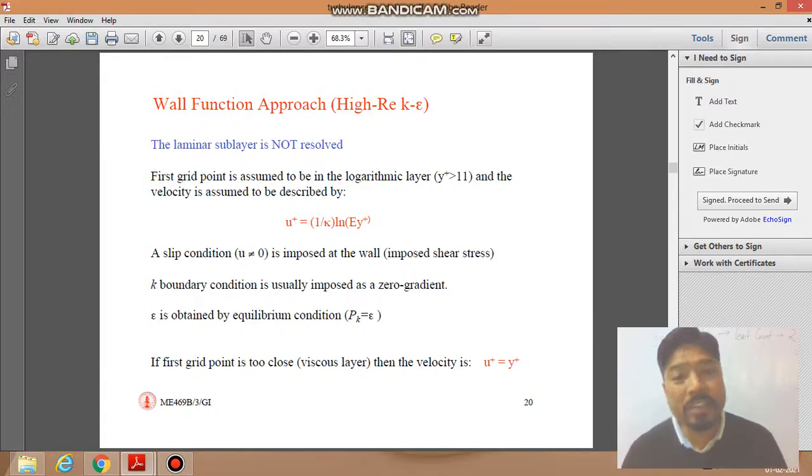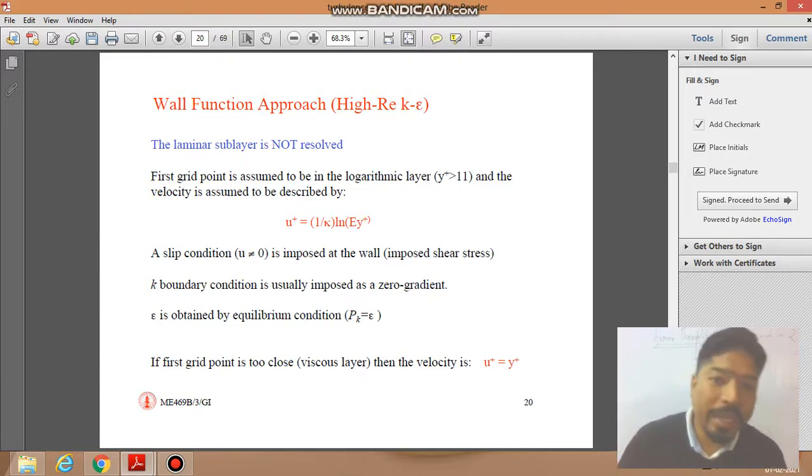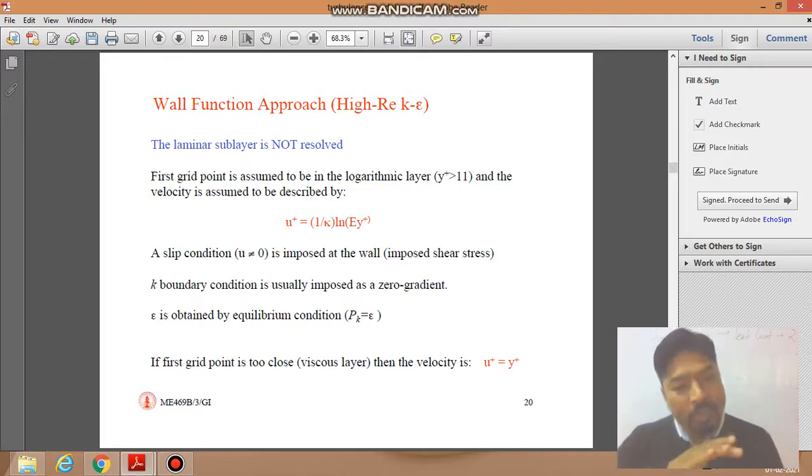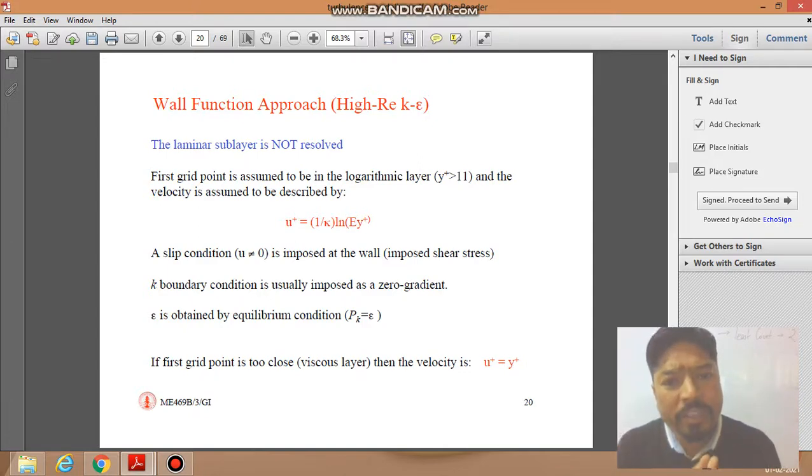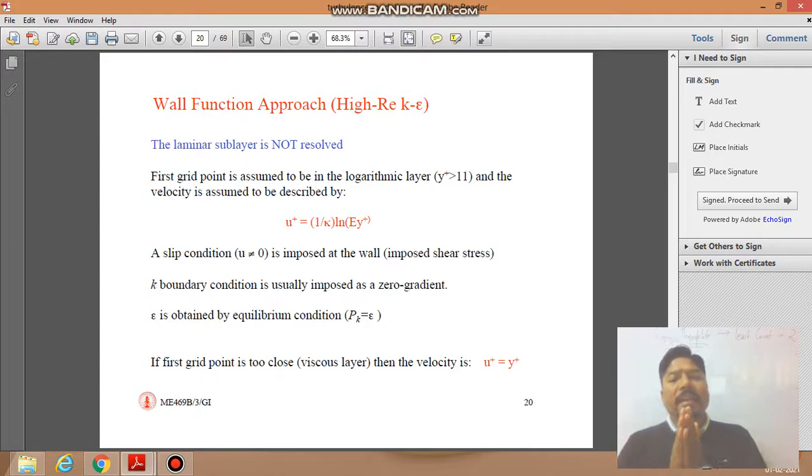Why is it important? Because once you understand the concept of boundary layer, then you will know that different types of layers of fluid are attached over surfaces. We have different types of layers available, where the buffer layer region is there, the sublayer region is there. So how to capture those layers?